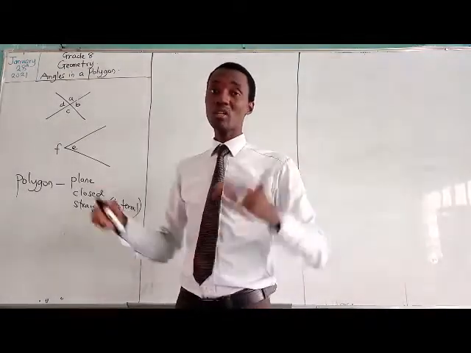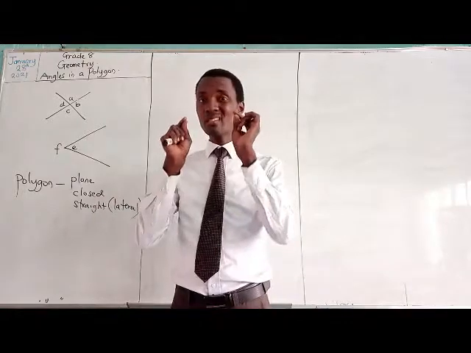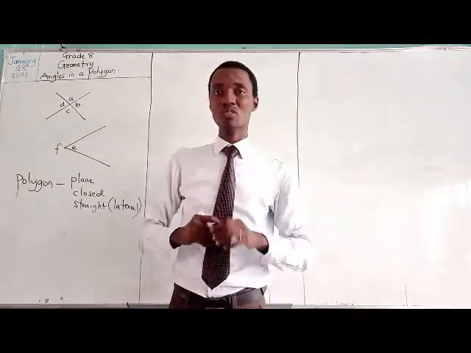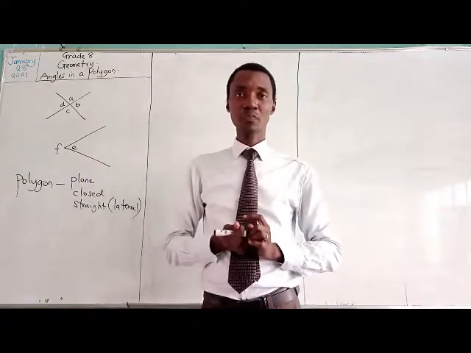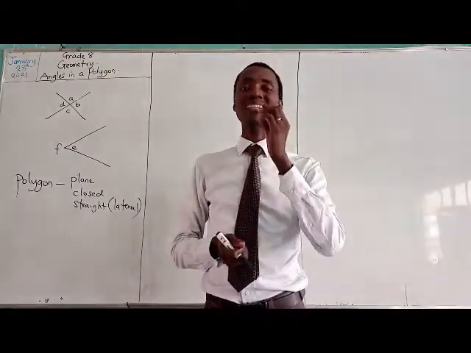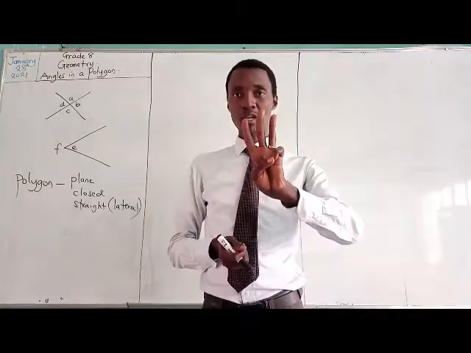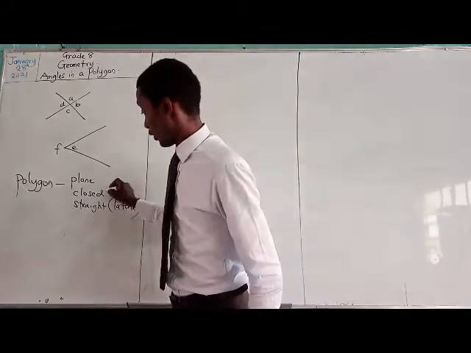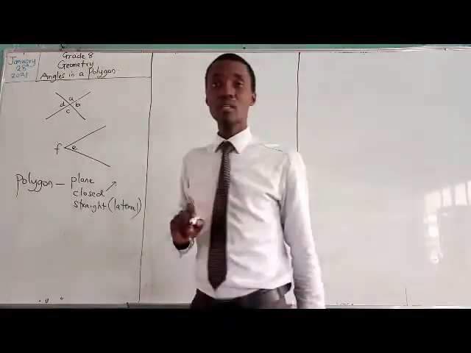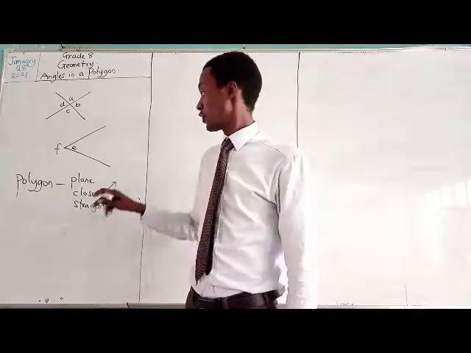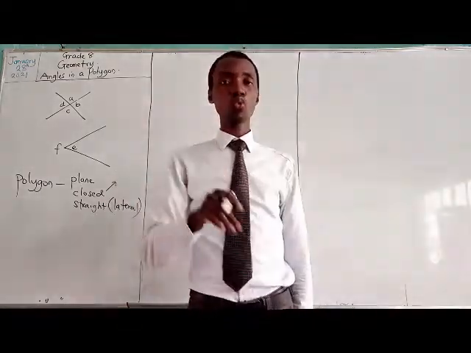Lateral or straight. The word lateral and straight mean the same, but there's one other important thing you must take note of in a polygon. The number of sides of a polygon must be at least 3. Reason being that if a polygon has less than 3 sides, it becomes difficult for the figure to be what? Closed.